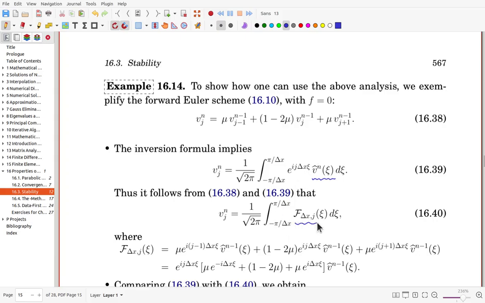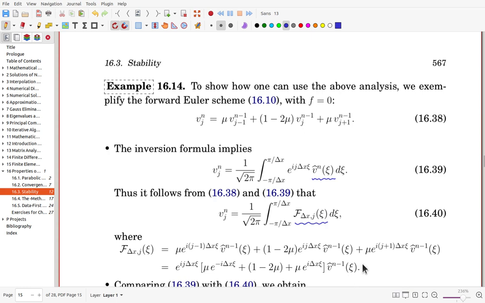Then we have this capital F. Here capital F comes from this term, and that is coming from that one, and this term is corresponding to that, and we can simplify in this way.